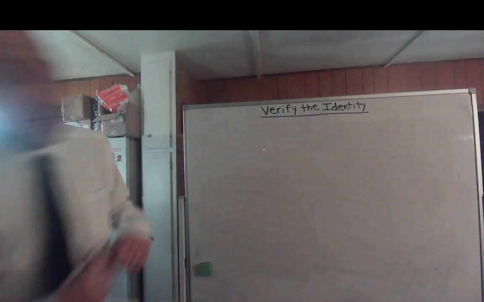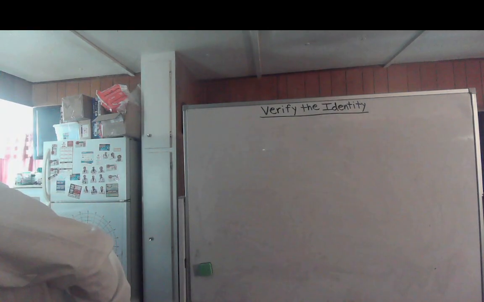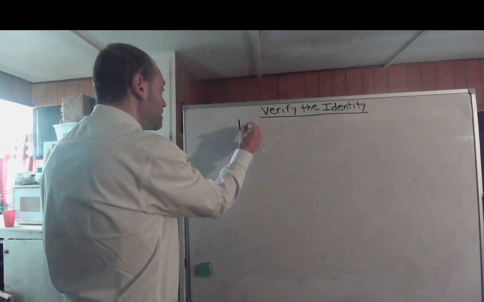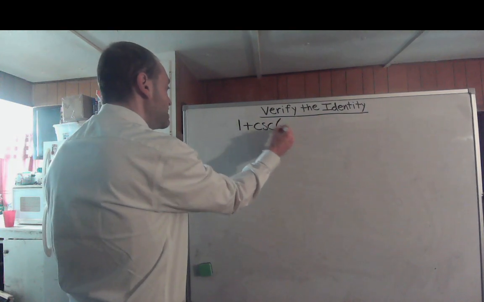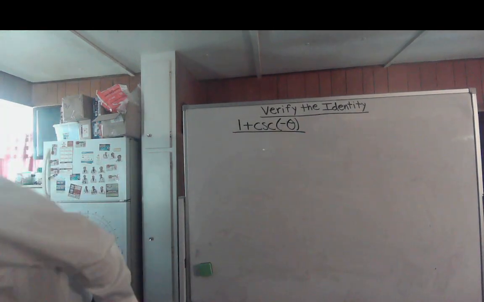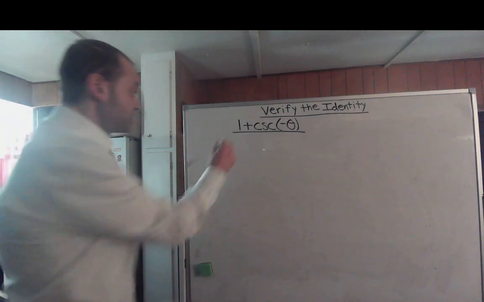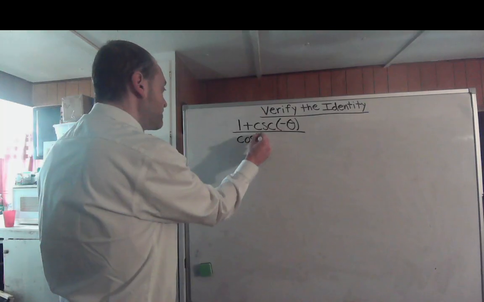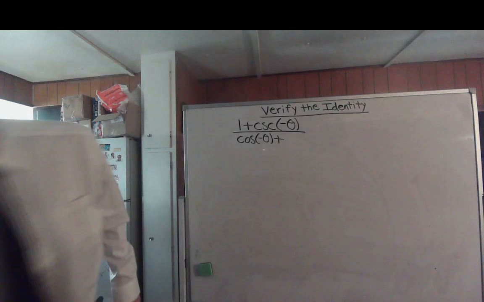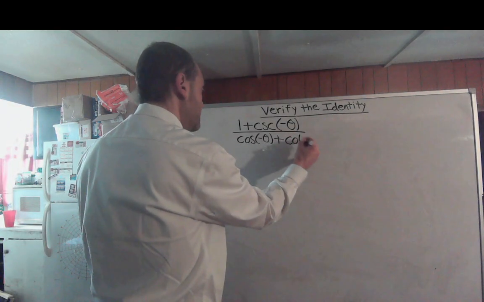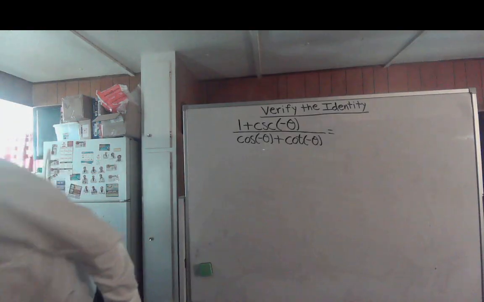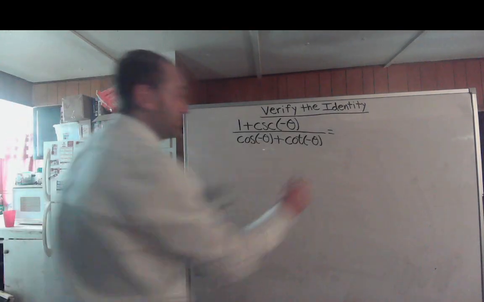All right. We just did that one. Let's do this one. So we have 1 plus the cosecant of negative theta all over the cosine of negative theta plus the cotangent of negative theta is equal to the secant of theta.